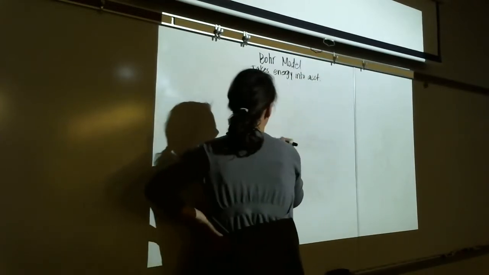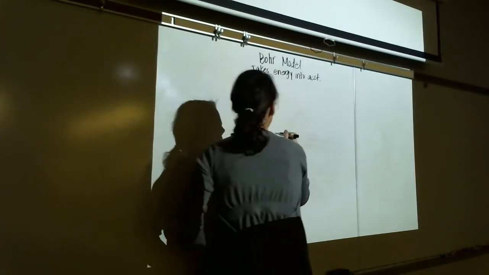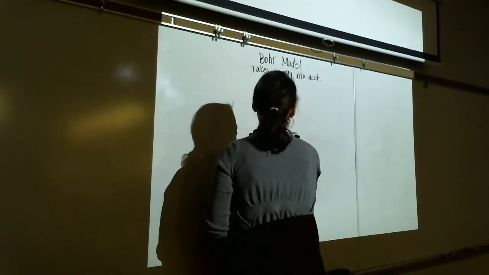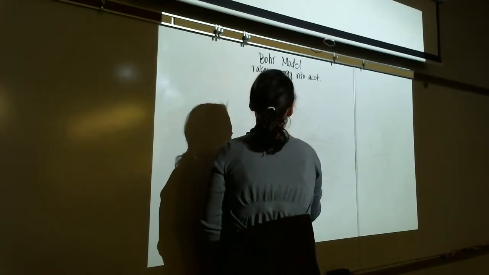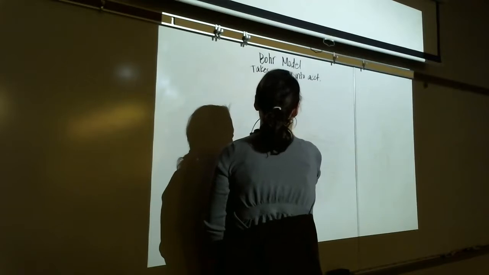Okay, so in the Bohr model, you have the nucleus. That part hasn't changed. You still have electrons orbiting the nucleus, but they are in specific paths. I'm just drawing.